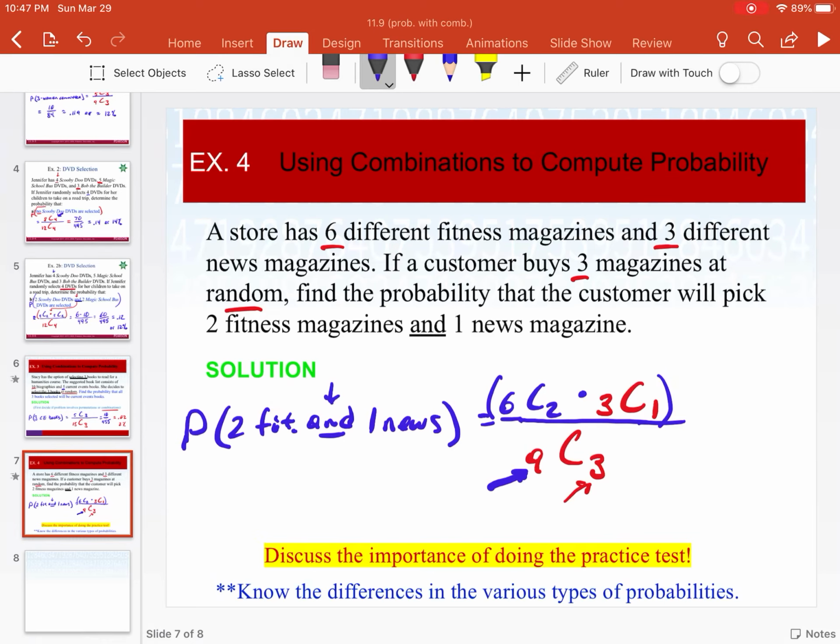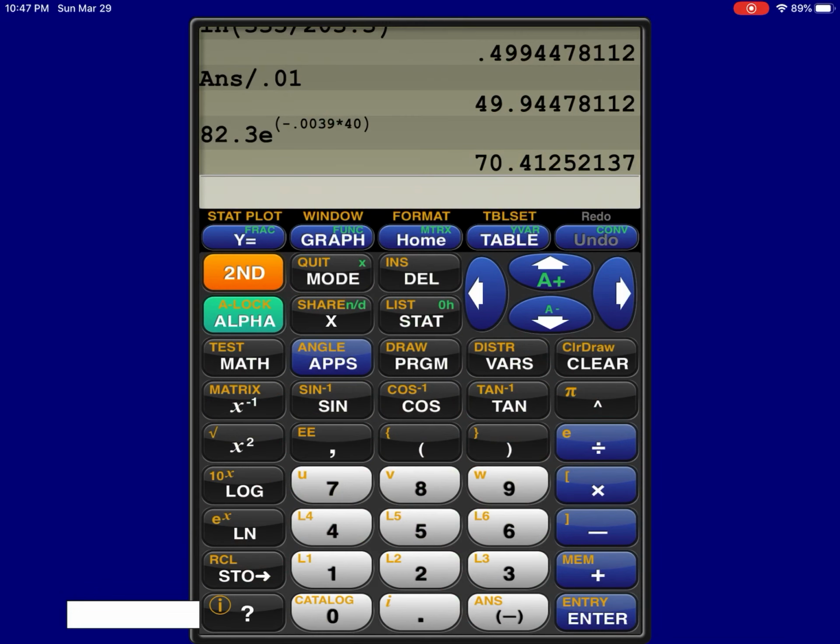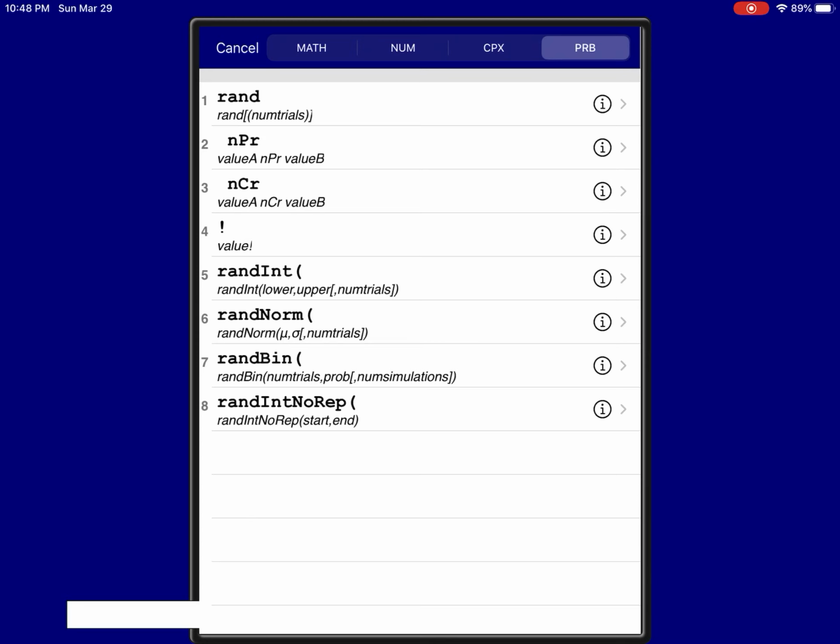So you're going to your calculator, and you know what? I'm just going to go ahead and do this. So let's see if I can remember this. C6C2 and 3C1. Okay. So math, probability, combination.